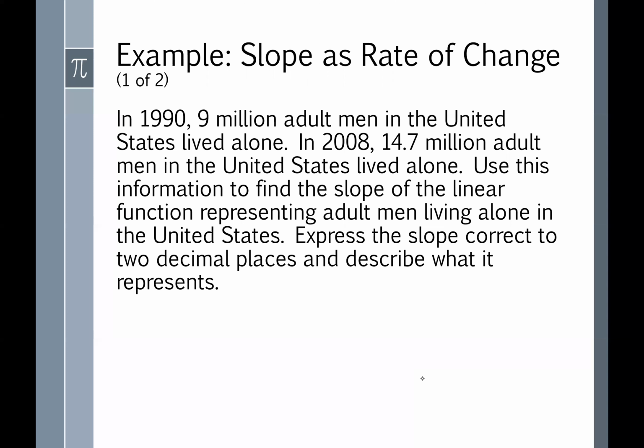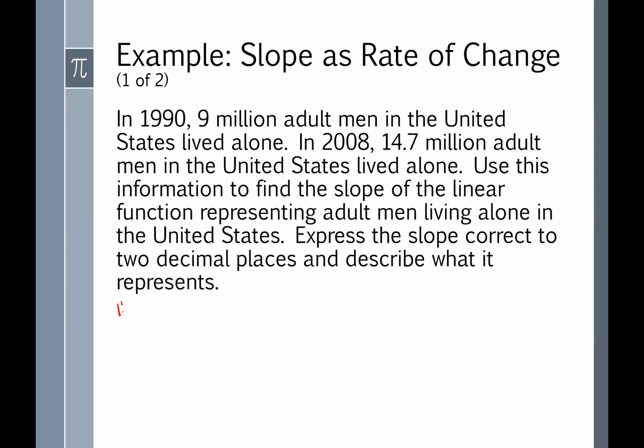Okay, so how do we create the 2 ordered pairs that we need? We need 2 ordered pairs on the equation of this line to be able to find its slope. So since this is linear, we do have a dependent variable and an independent variable. So what depends on what? Well, the number of adult men living alone depends on what year you're in.